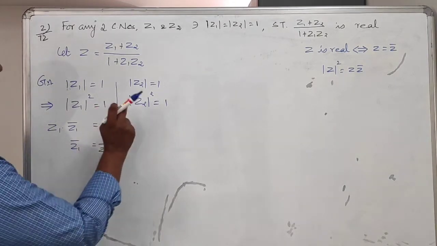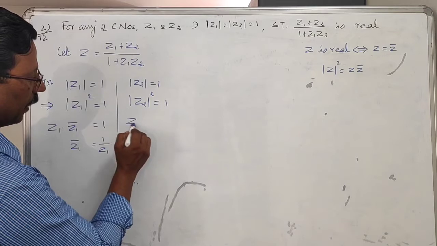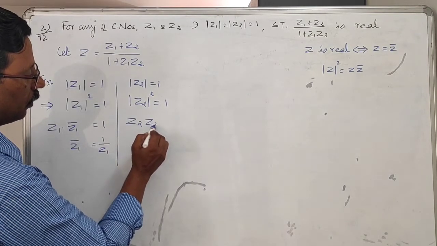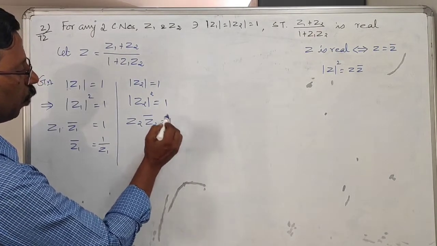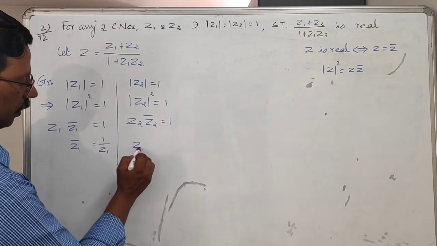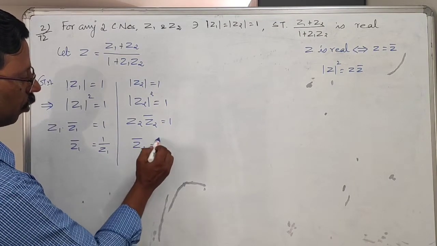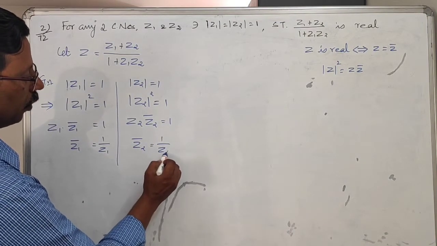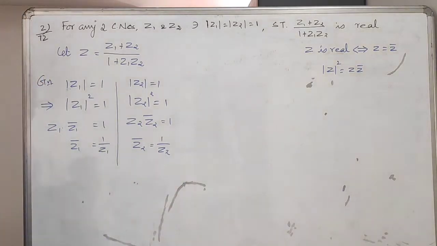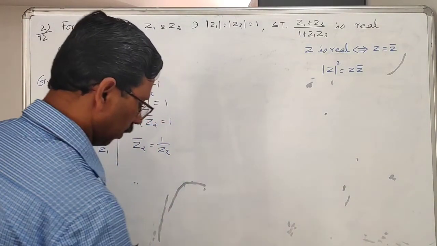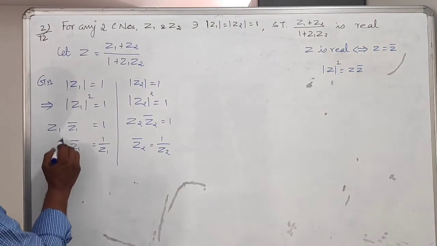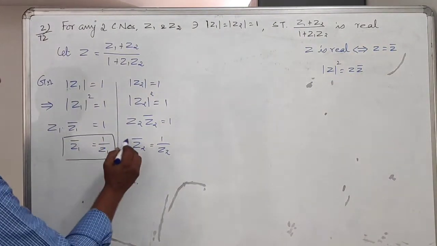Similarly, here modulus Z2 square can be written as Z2 into Z2 bar, which is equal to 1. From this, Z2 bar is equal to 1 by Z2, you can write. These things are very important for proving this problem.